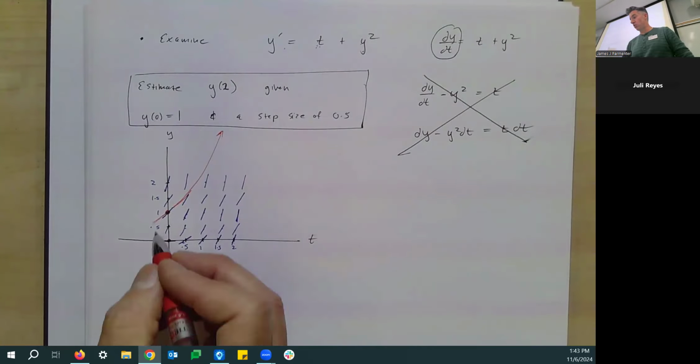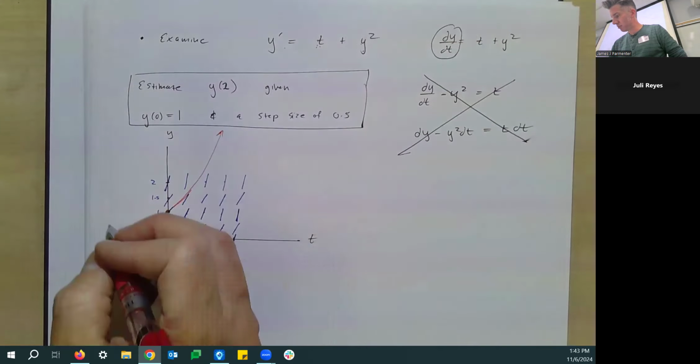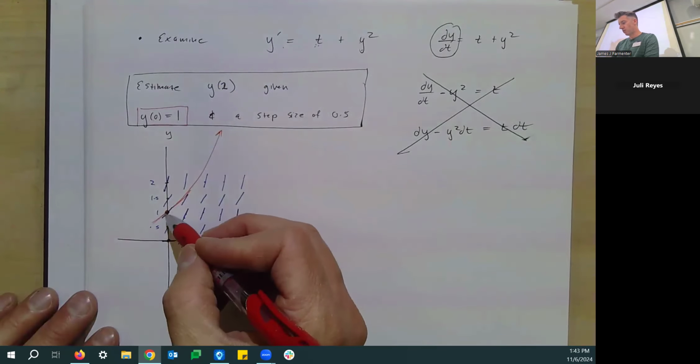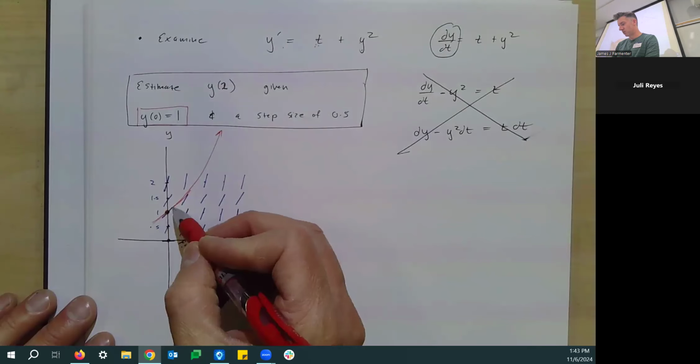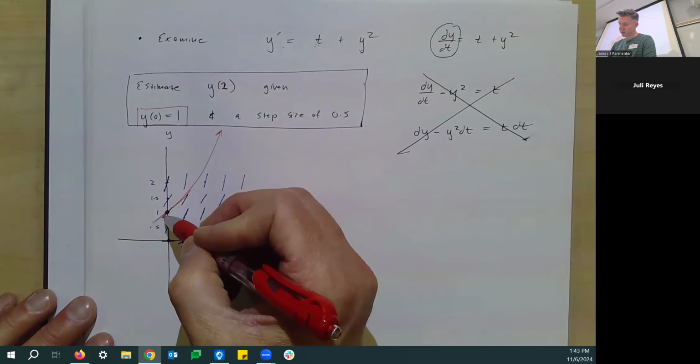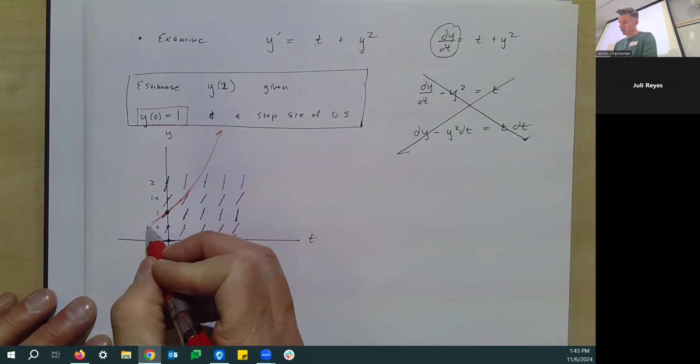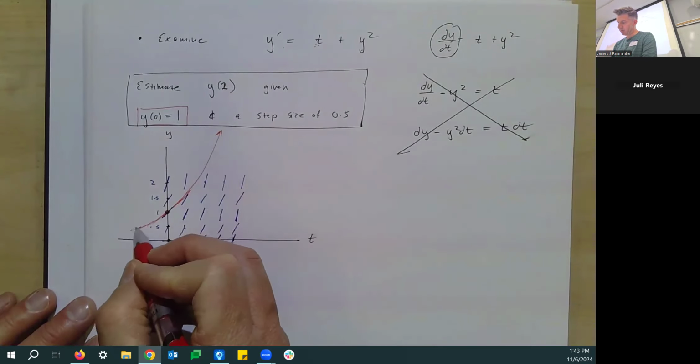You take the point you're told to start at, t equals 0, y equals 1, and then you draw the line that goes in the direction that has those little direction field arrows as tangent lines.